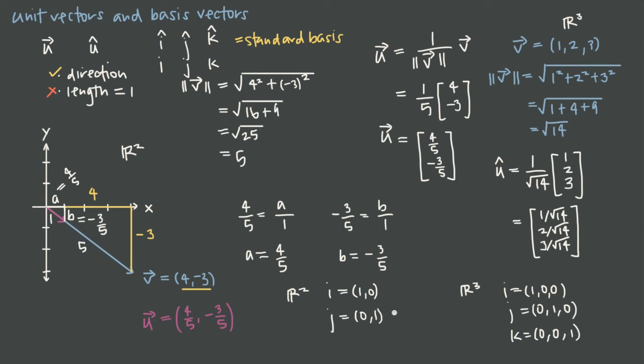The other interesting thing about these vectors, and probably the most interesting thing about them, is that you can use these vectors to express any other vector in the space. So in R2, if I have i and j, the vectors 1, 0, and 0, 1, I could use these to express this vector v that's also in R2, 4, -3. And the reason is because the vector i is just this vector here.